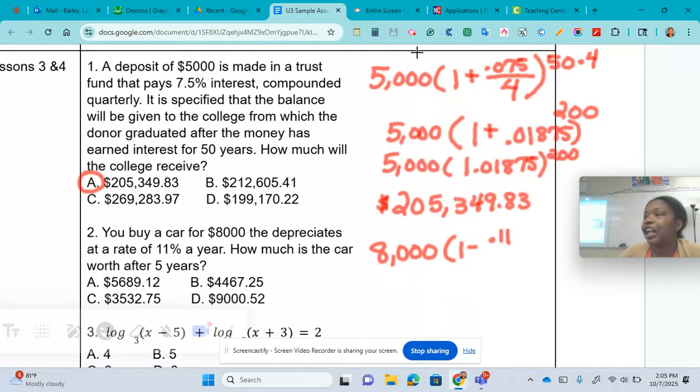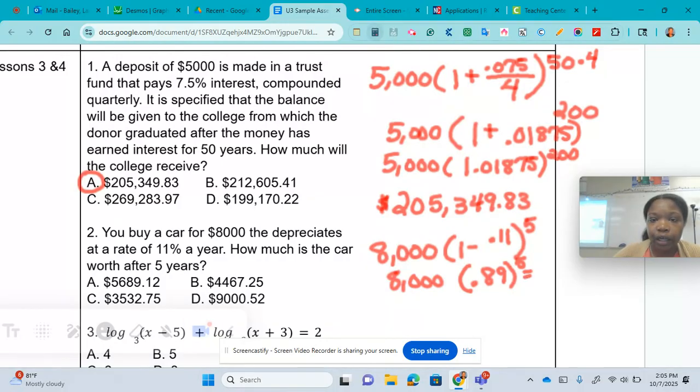So do I need to divide it by anything? Nope. And how many years? So that would be the exponent. 1 minus 11 cents is what? 89 cents. Raised to the 5th power, then it's going to be multiplied by that 8,000.